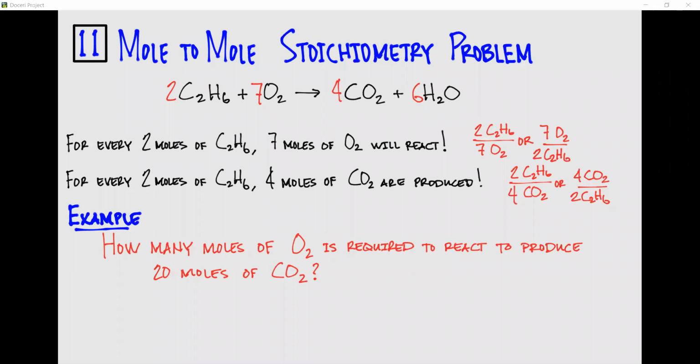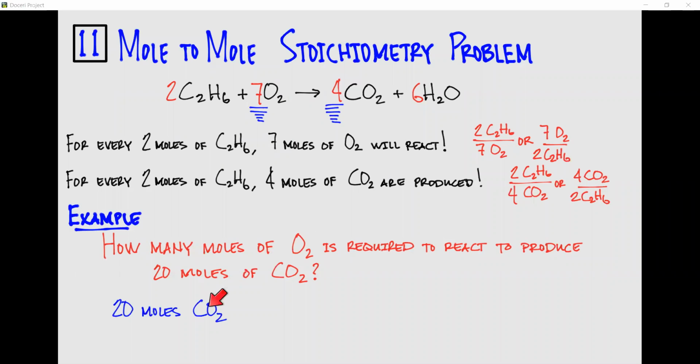So we're going to write down what we started out with. We have 20 moles of CO2 and it's asking for moles of O2. So we're going to take a look at the mole ratio between the two compounds in question. We have carbon dioxide and O2 and the ratio is 4 to 7.